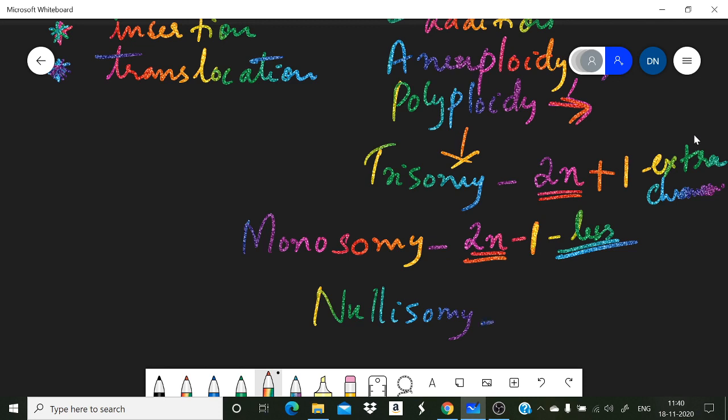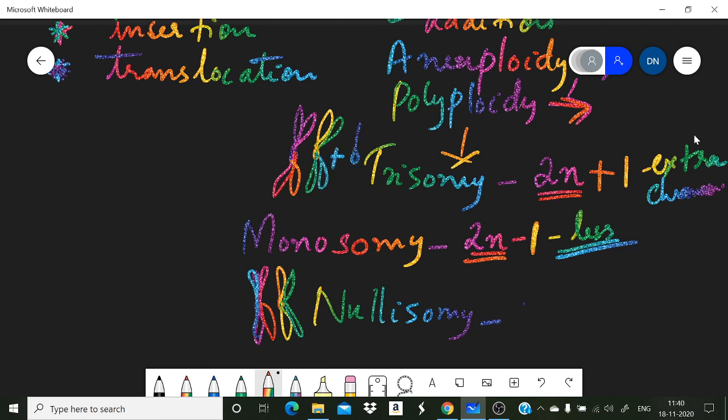And nullisomy means, chromosomes or genes or alleles always occur in pairs. Chromosomes will always occur in pairs. So here in trisomy, this is a pair of chromosomes, and suppose if there comes one additional chromosome, that is trisomy.